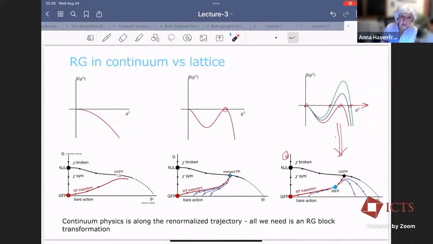The only thing that can happen is the infrared fixed point merges with the UV fixed point. It's a very interesting picture, but not unheard of. Condensed matter people looked at merging fixed points for a long time. It is well understood it can happen. We just have not seen it yet in 4-dimensional systems.